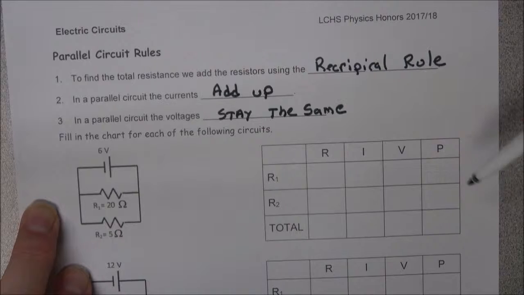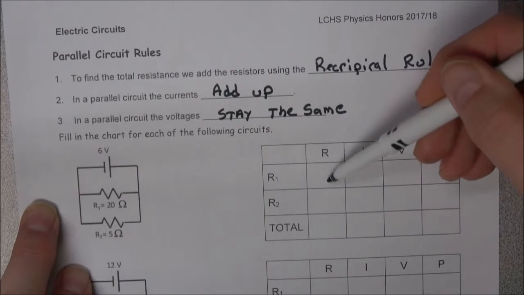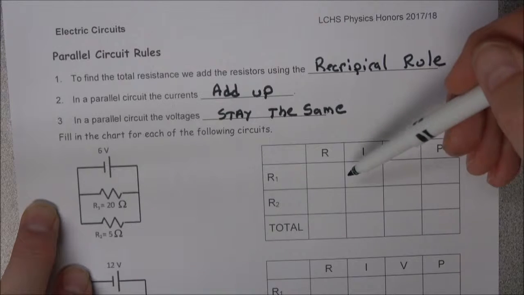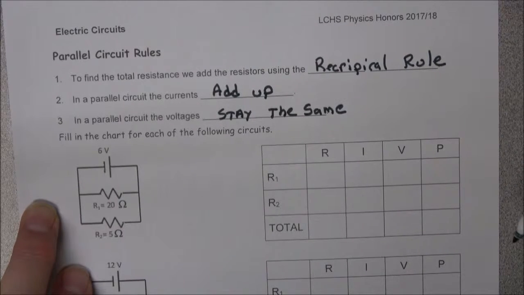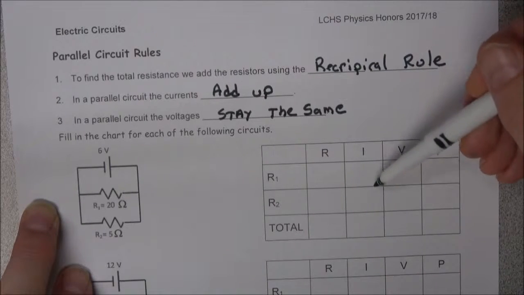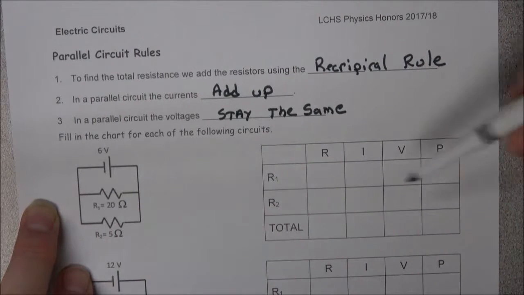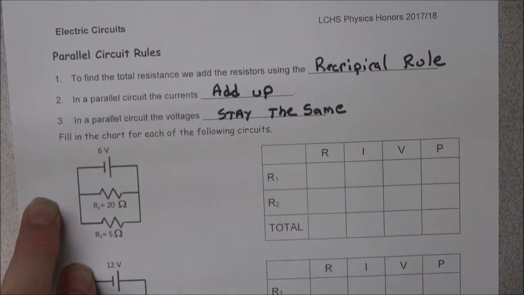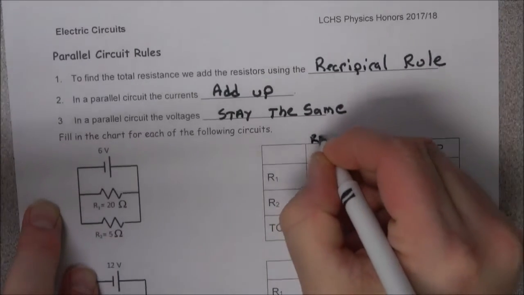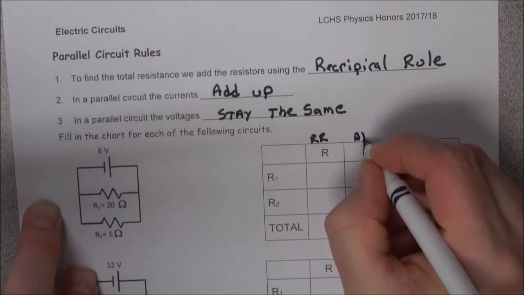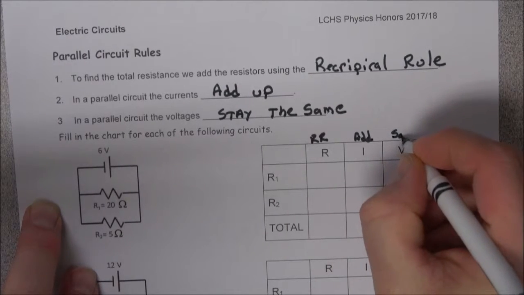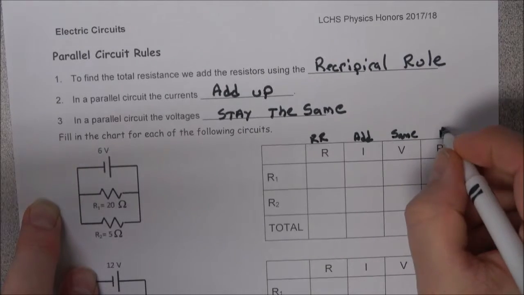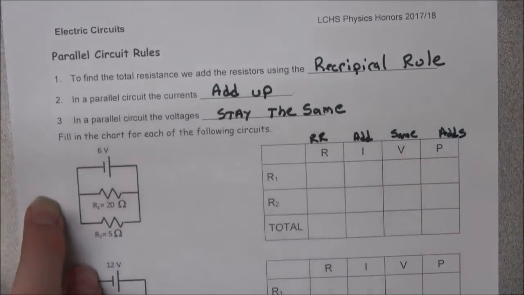There's just a couple differences. In series circuits, the resistance added up. In parallel, we have to add using the reciprocal rule. In series circuits, current stayed the same, but in parallel, current adds up. And lastly, in the series circuits, voltages add up, and in parallel, voltages stay the same. So, reciprocal rule, add, and the same. And the power adds as well. That's just like series.